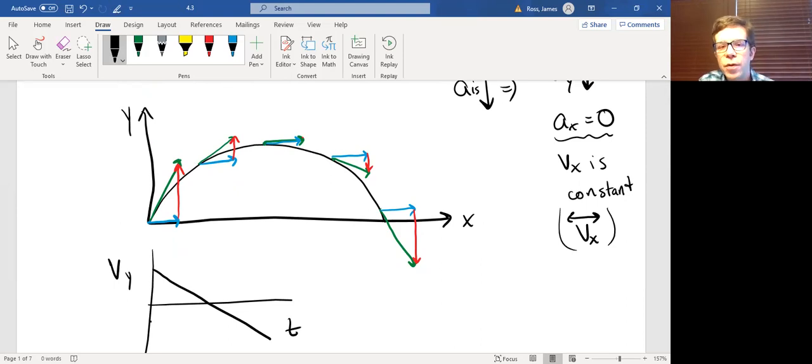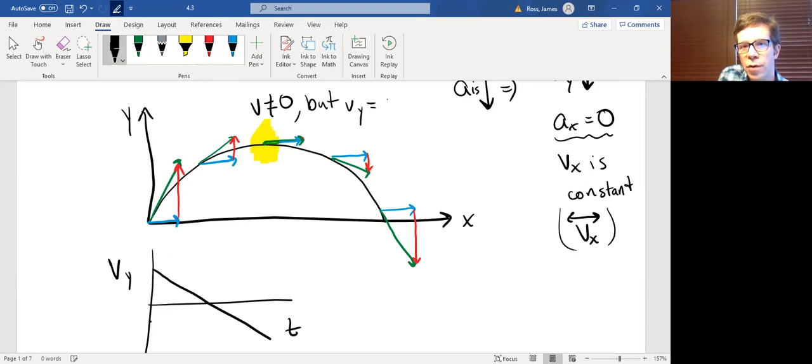But I think it's important to realize this part, because remember when we were doing one-dimensional free fall problems, at the top, V was 0. But you'll note here that V is not 0 at the top.